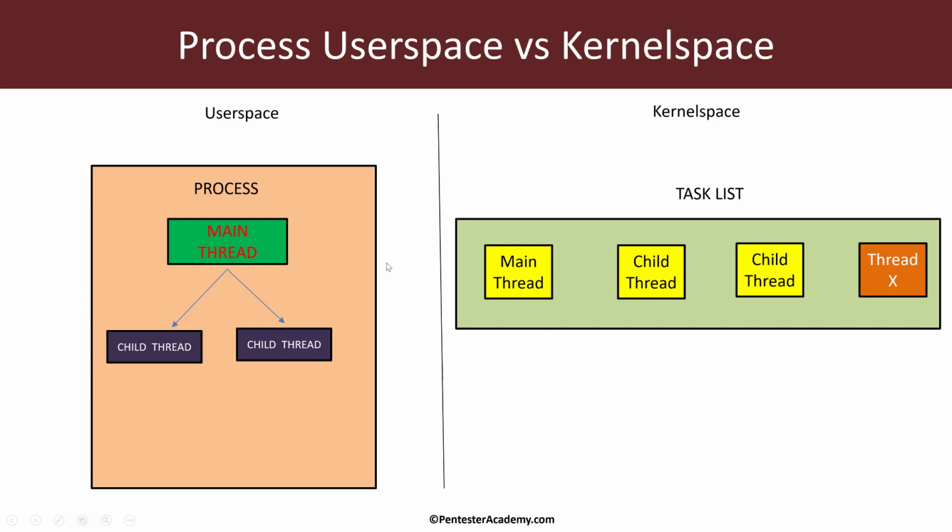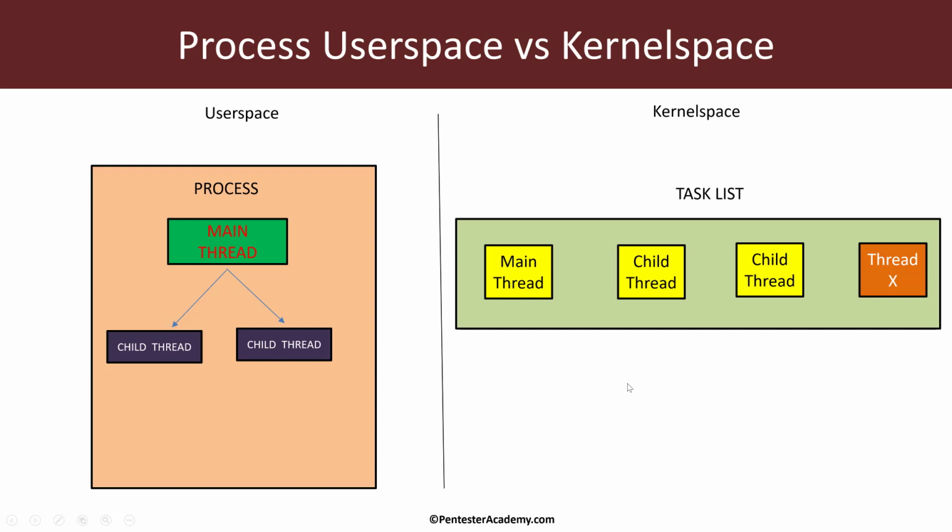So the kernel maintains a list of tasks, and inside that, each of these threads ends up being one of the tasks. So we can see that the main thread is a task here, and each of the child threads is also a task. And in this task list, of course, there are other tasks corresponding to other processes, or even pure kernel threads which are running within the kernel.